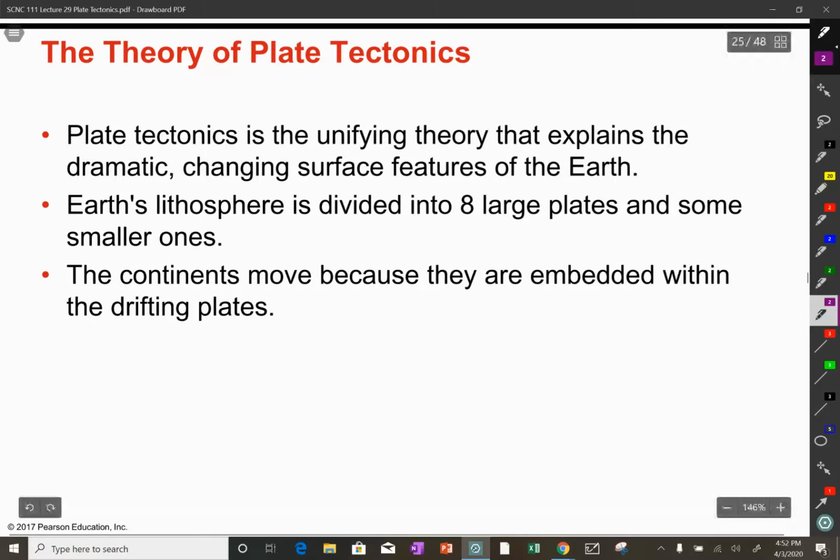And so we have 8 large plates and then a number of smaller ones. These large plates, now on the surface of an egg, they stay fixed. But these plates can actually slide around a little bit and bump into each other. And that motion of the magma coming up is what drives the motion of the plates.